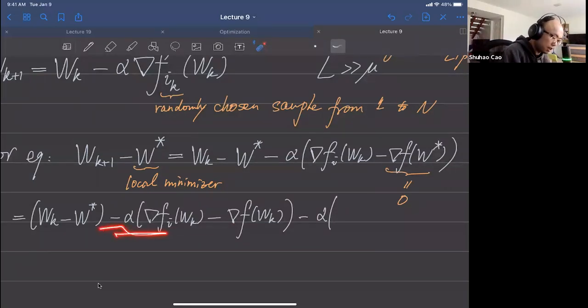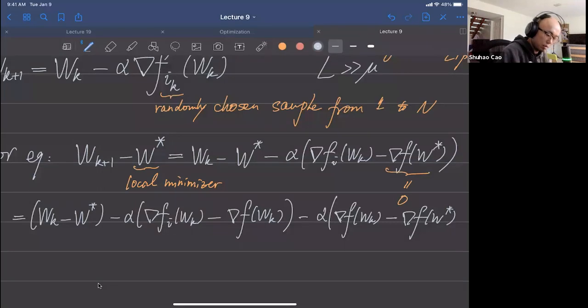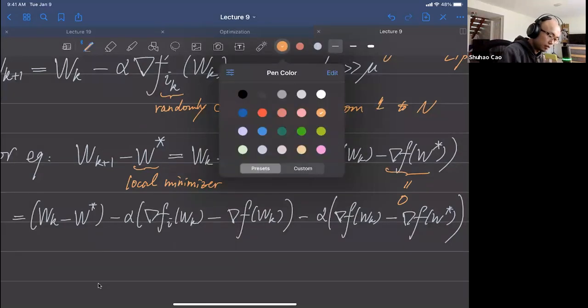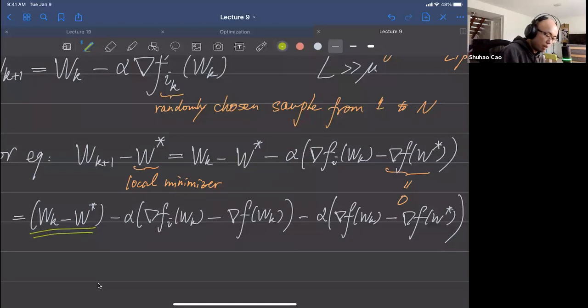So this is plus, and which means we have to minus it. If we look at these two terms, the blue terms, they are the same term.